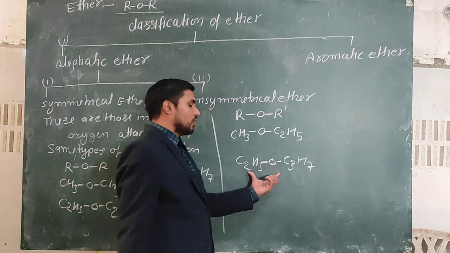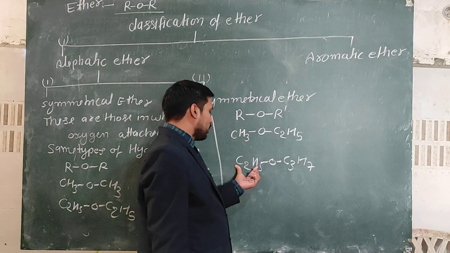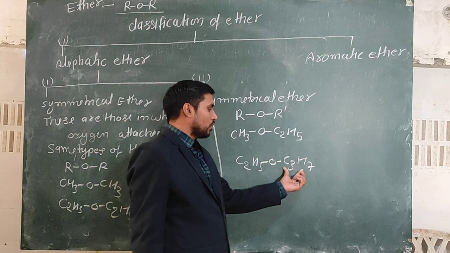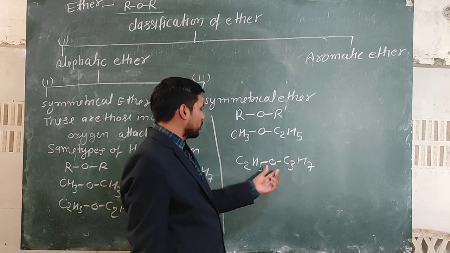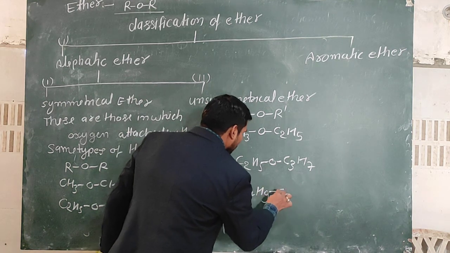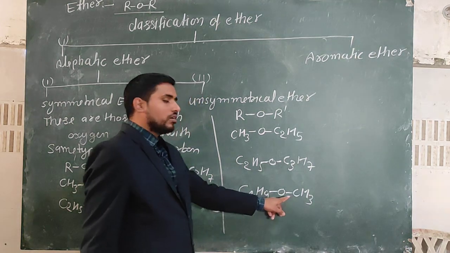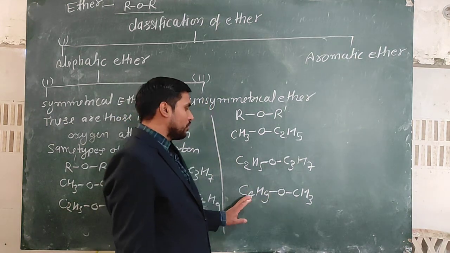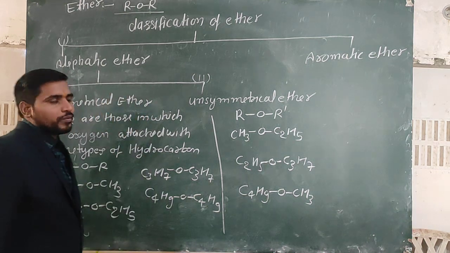It is also an example of unsymmetrical ether because here an ethyl group and here a propyl group are present on both sides of the oxygen atom. If we take C4H9O and CH3, both side alkyl groups are different, then it is known as unsymmetrical ether.